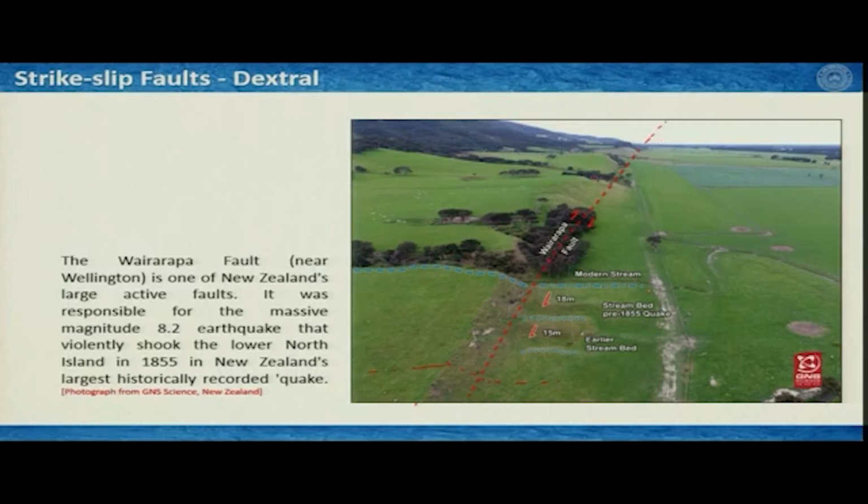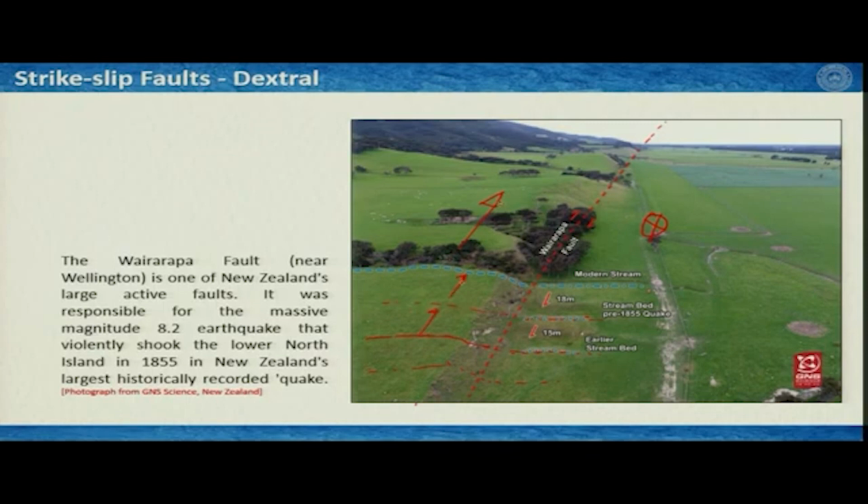Now, what we see here is the river, which is flowing like this, which is continuous. If we consider that this part is fixed and this part is moving in this direction, then what we see is that this river was initially here and it was flowing like this, and then the river on this side got moved, so it was flowing here and now it is flowing here.